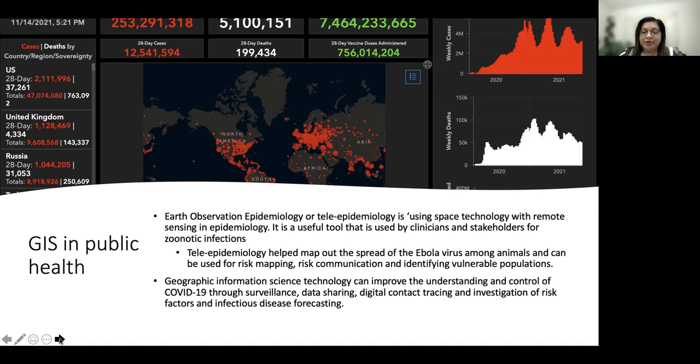Teleepidemiology helped map out the spread of Ebola among animals and can also be used for risk mapping, communication, and identifying vulnerable populations. Geographic information science technology can improve the understanding and control of COVID-19 or other pandemics through surveillance, data sharing, digital contact tracing, investigation of risk factors, and infectious disease forecasting.